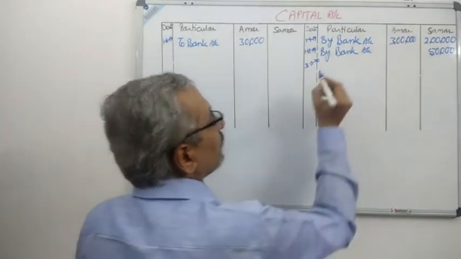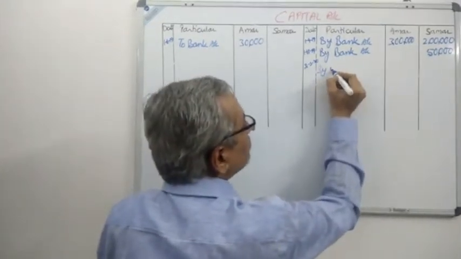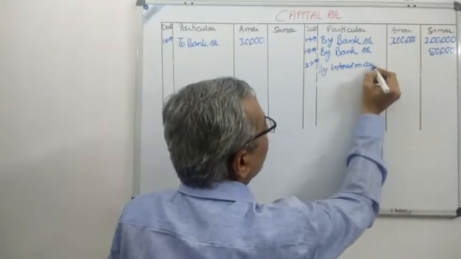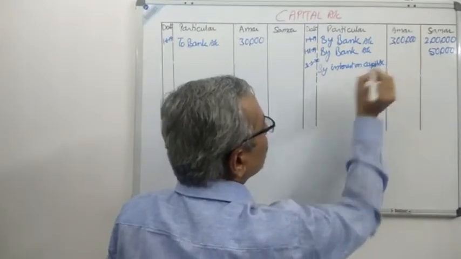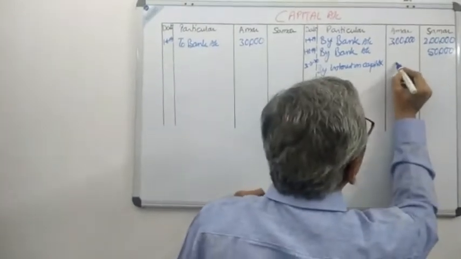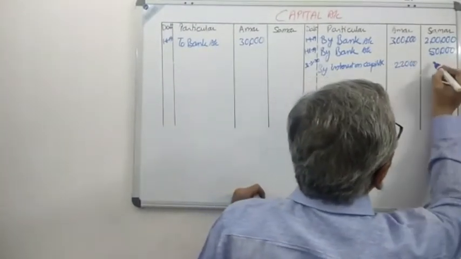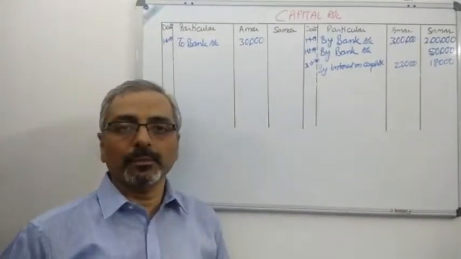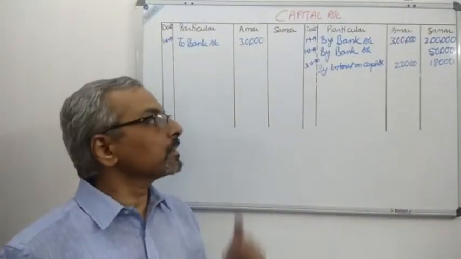Now first entry over here is by interest on capital account, and if you remember very carefully, Amar 22,000 and Samar 18,000. That was the interest on capital.